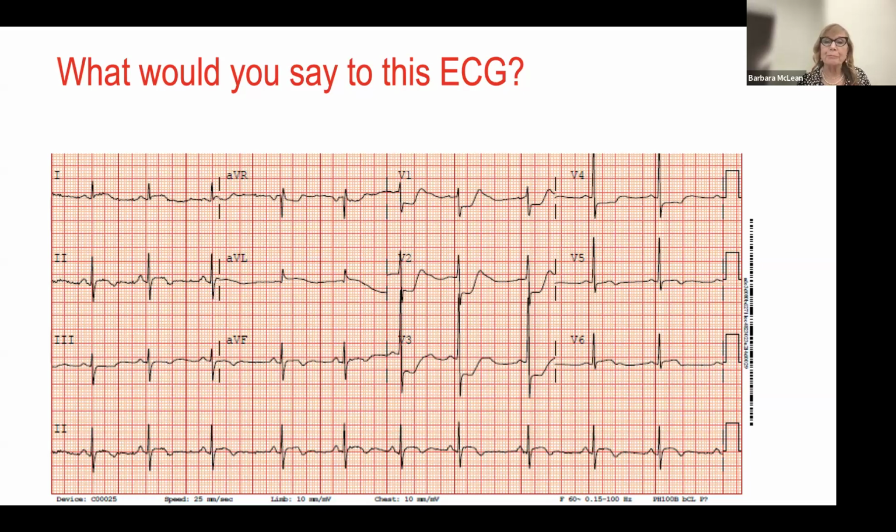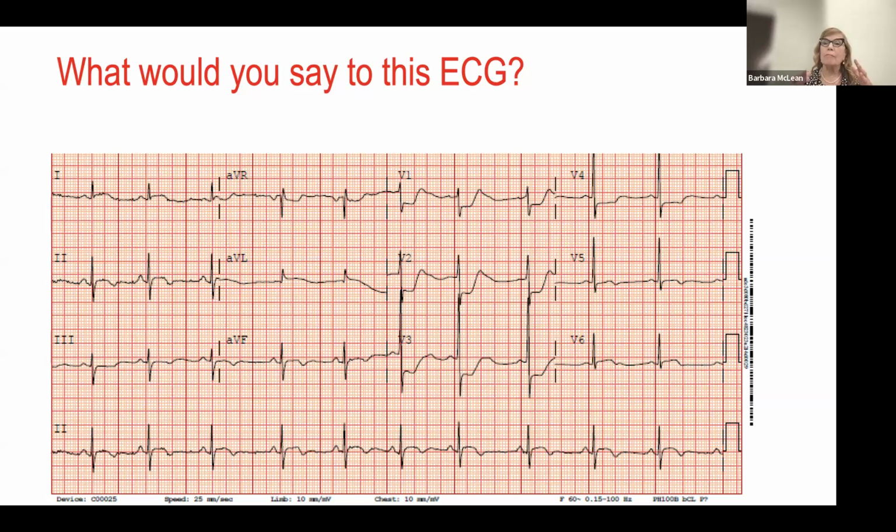segment depression. When we see ST segment depression in the leads of the anterior septum and the anterior wall, and along with that ST segment depression, we have an upright T wave, I'm going to think immediately that this is reciprocal to the posterior surface.